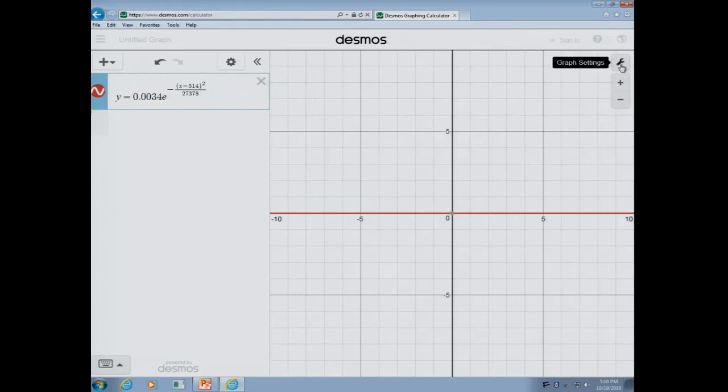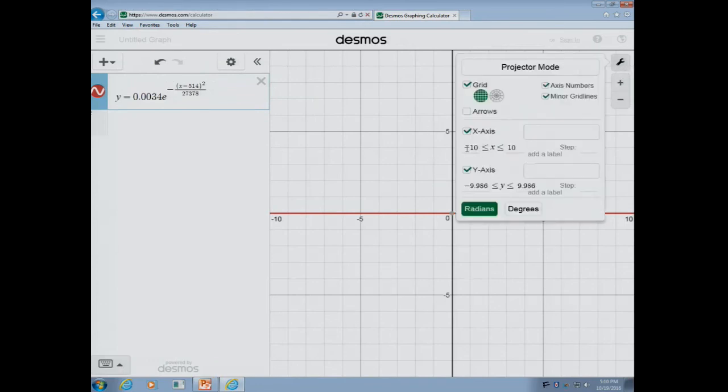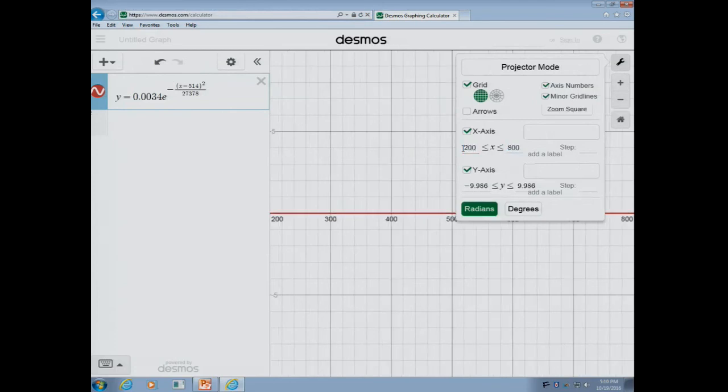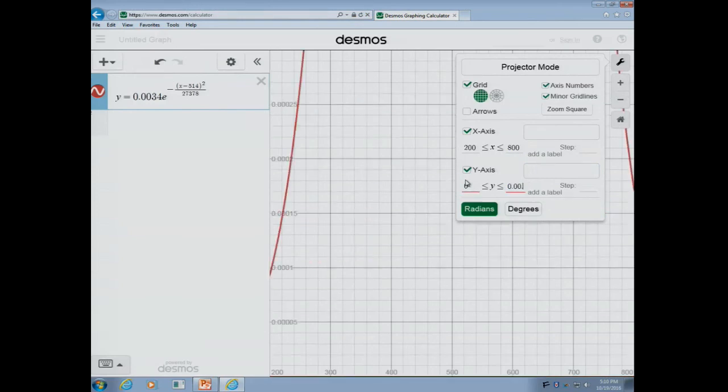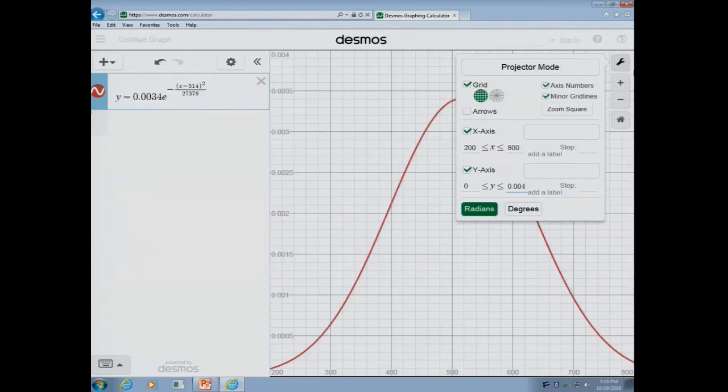Now, the distribution, again, the x should be SAT scores. Let's make this work this time, 200 to 800. And the y is this thing called distribution. I'm not sure it has much meaning to us right now, but at least it'll show us our shape. And there it finally is.